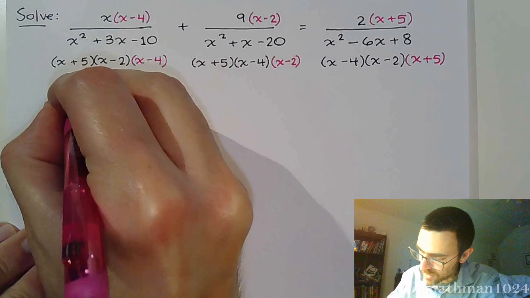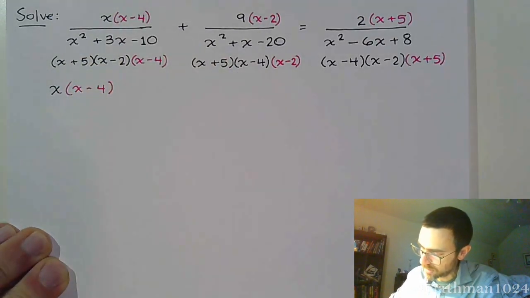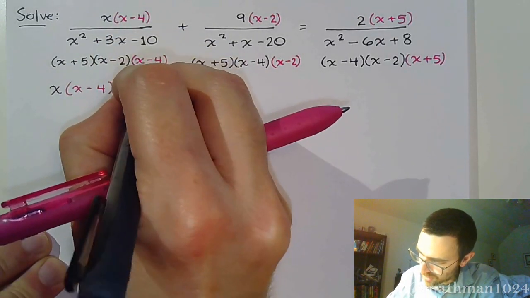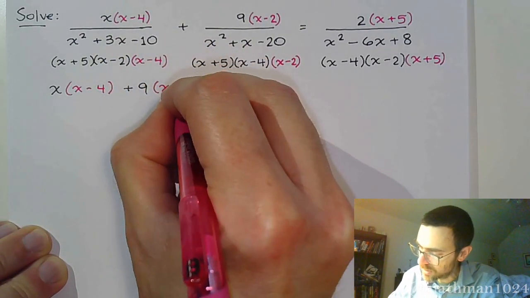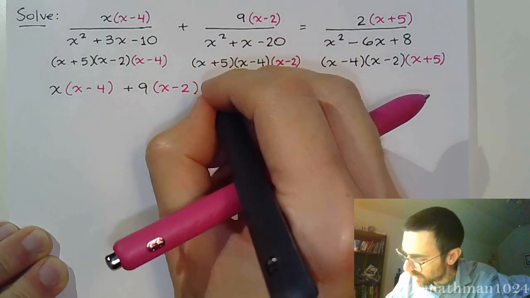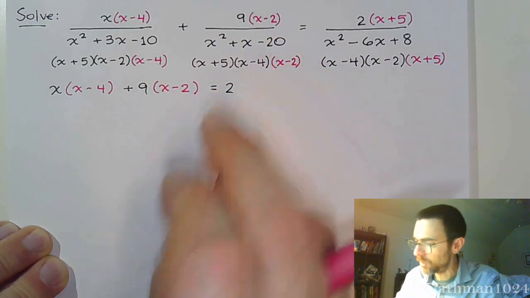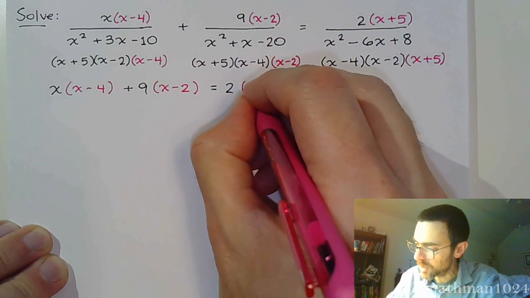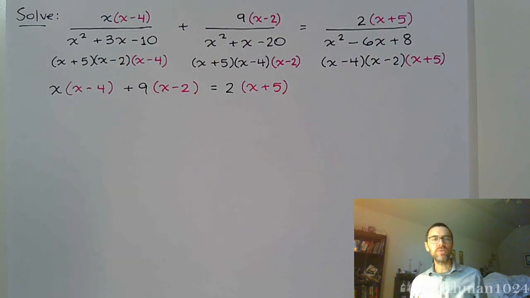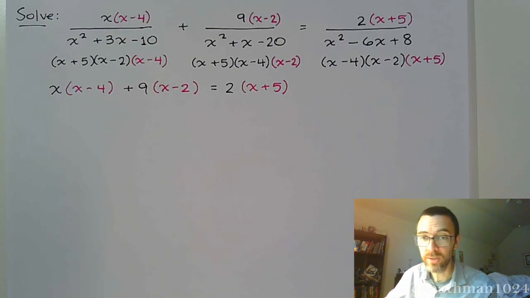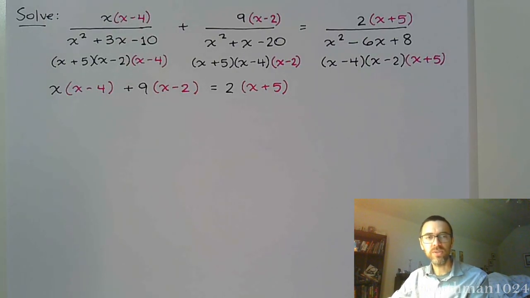So x times x minus 4, then you've got plus 9 times x minus 2, and this is equal to 2 times x plus 5. Take that extra time to write that step instead of trying to distribute everything as you go to the next line. I've had a lot of students distribute incorrectly. They've made mistakes with signs, so take your time.